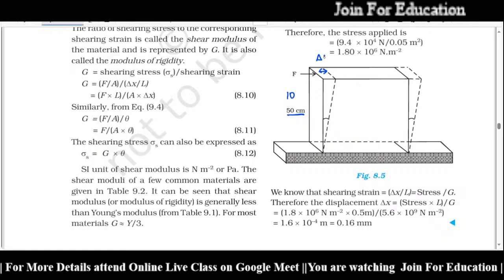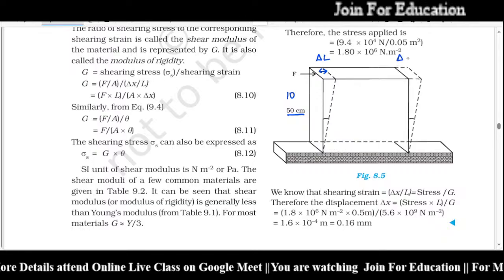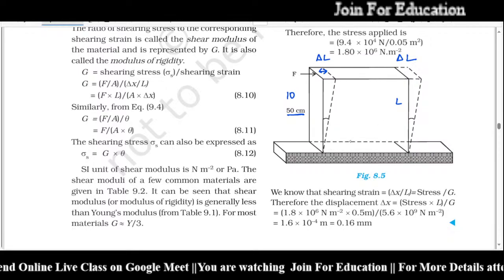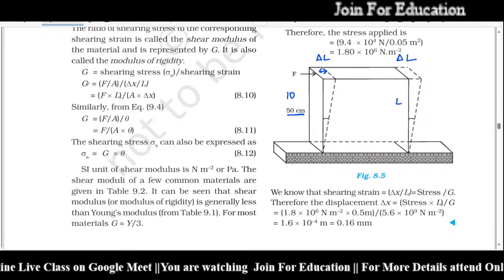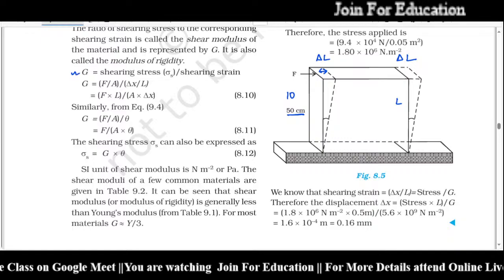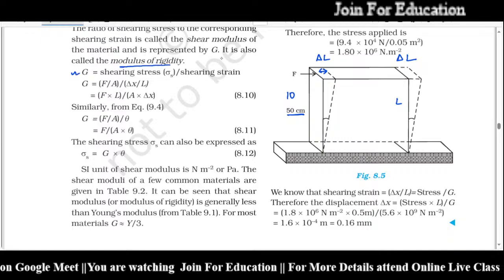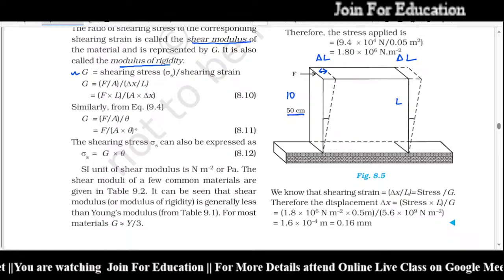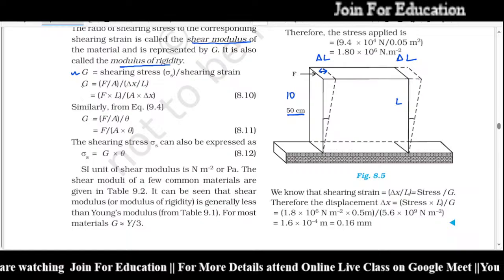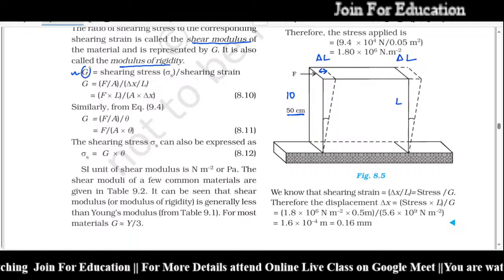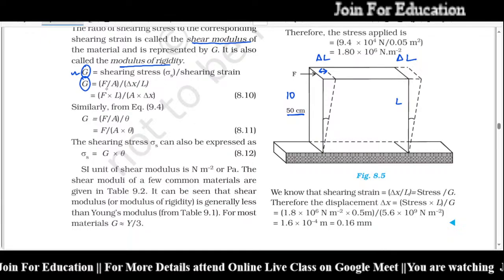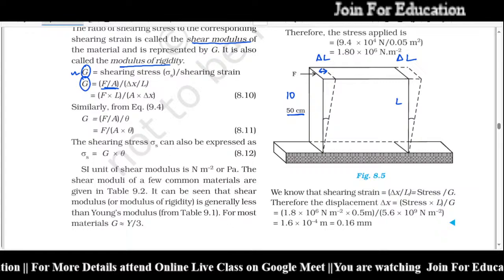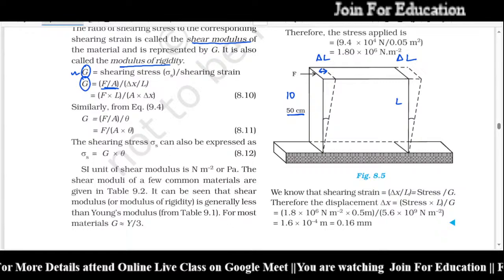It means del L, and this is the L. So we know the modulus of rigidity, also known as the shear modulus, which is generally denoted by G. So G equal to stress by strain.